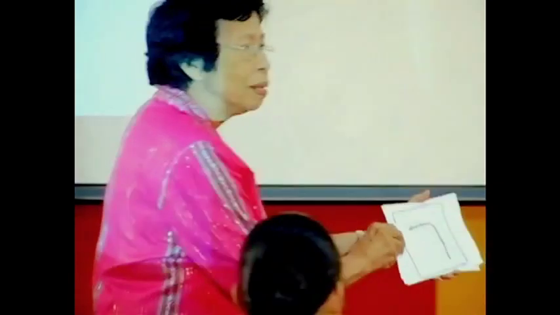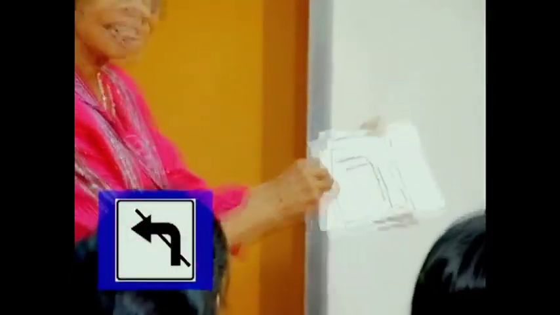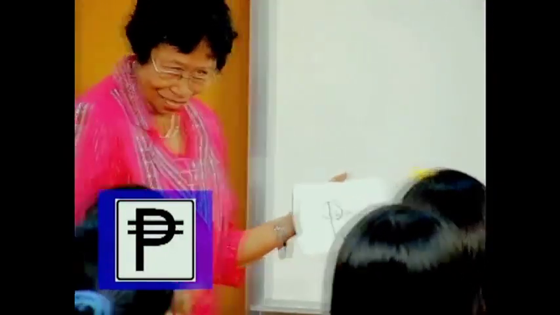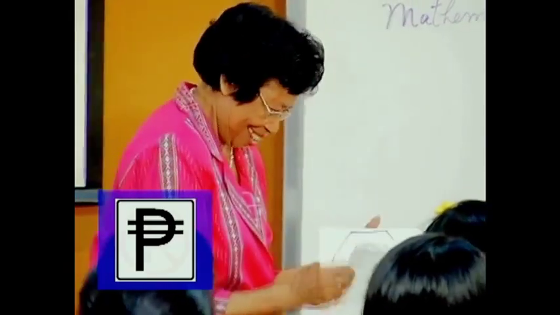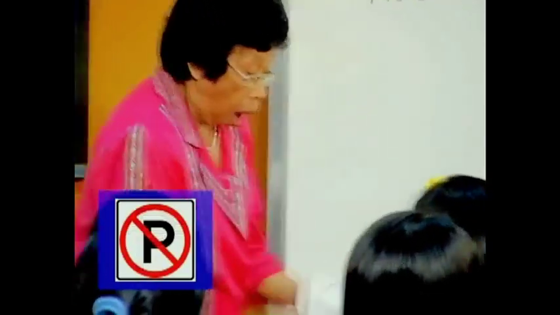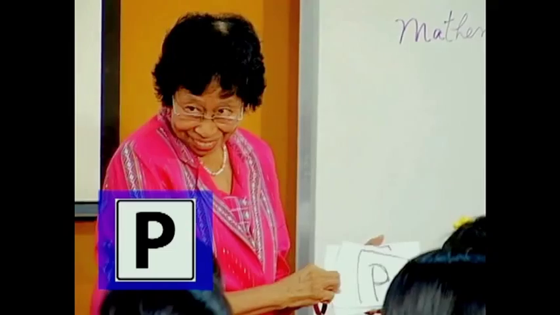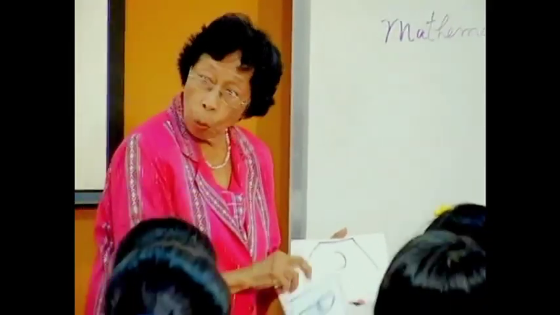I'll show you certain symbols and I'll find out whether you know what it means, right? Here's one. Can you tell me what it says? Oh, and this. Oh, yes. And this. No parking. Aha! And this. Parking. There's parking. So if this is parking, this means no parking.